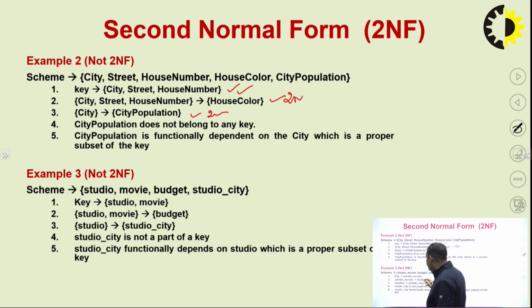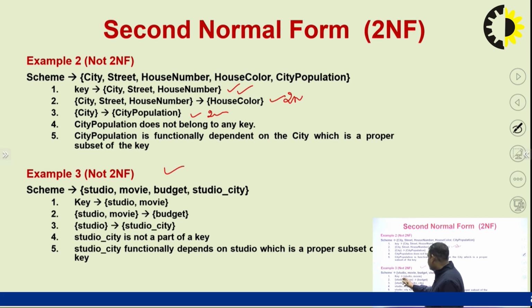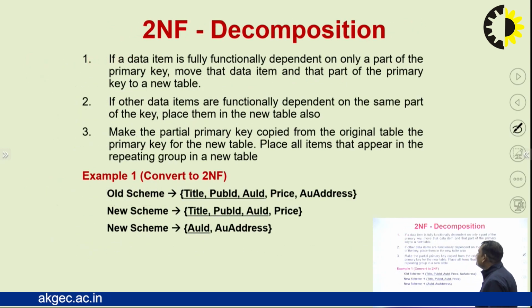In another example, not a second normal form. Candidate key is studio and movie. Studio, movie determine the budget, a second normal form, and studio alone is not a second normal form. It is not a second normal form.